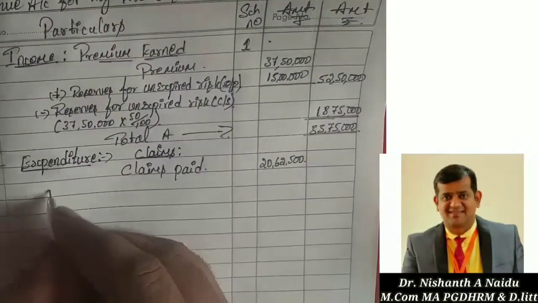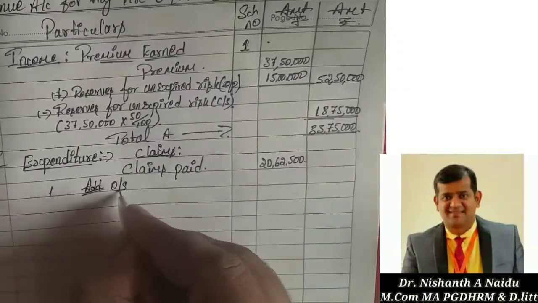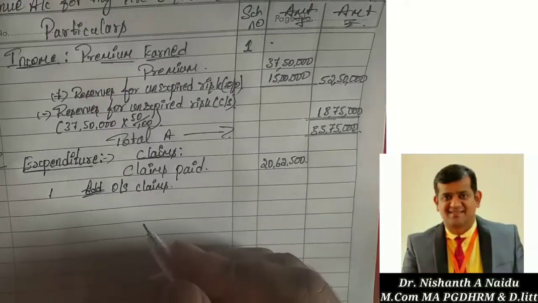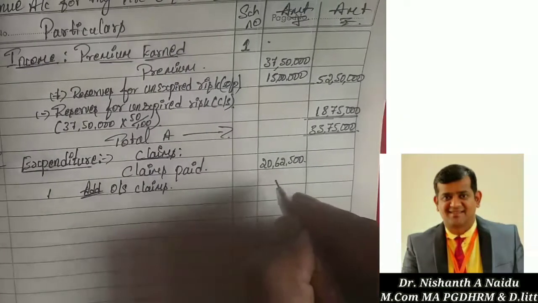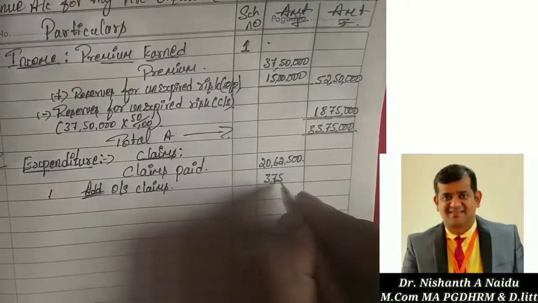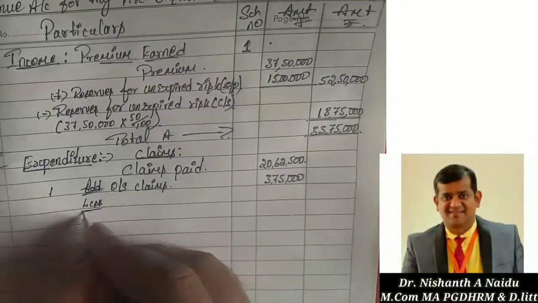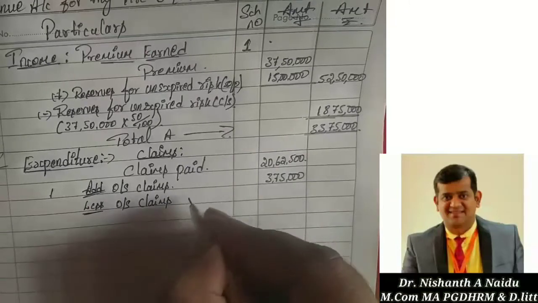Add outstanding claims. So that is closing balance. So how much outstanding claims is there? Outstanding claims in the adjustment, first adjustment, 3 lakh 75,000, less outstanding claims opening.